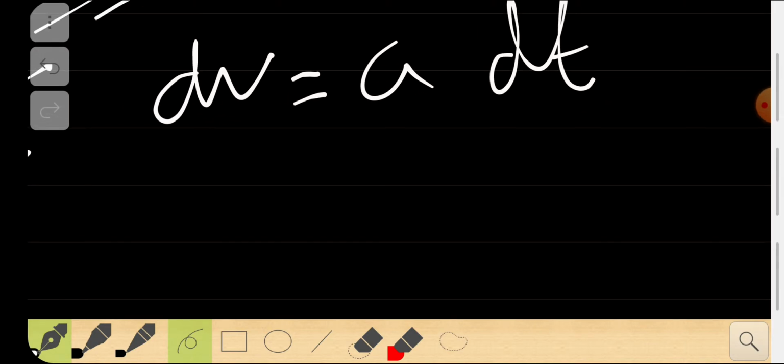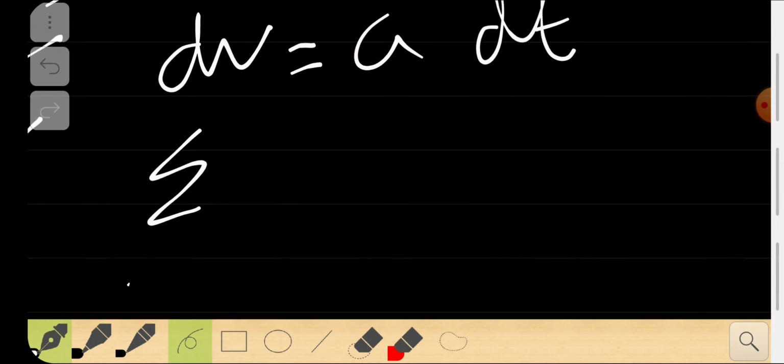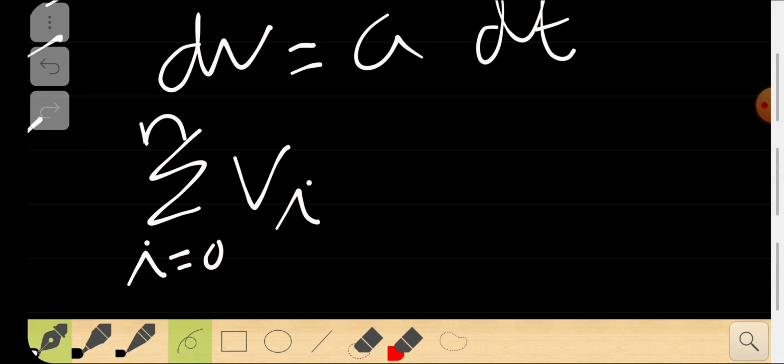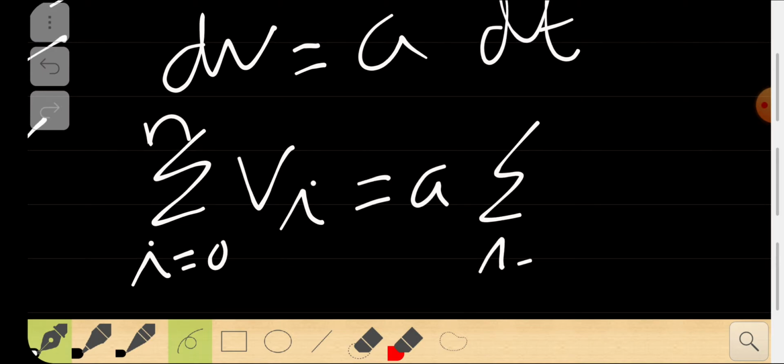So you can write it as the sum from i equal to 0 to n of delta v_i equal to a times the sum from i equal to 0 to n of delta t_i.